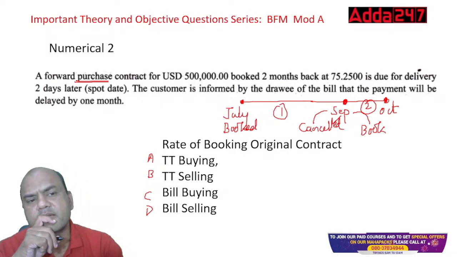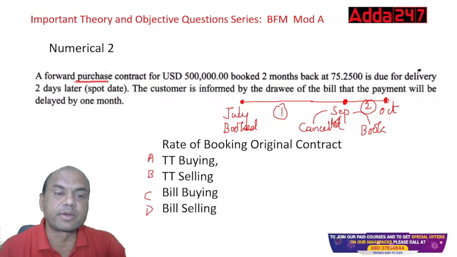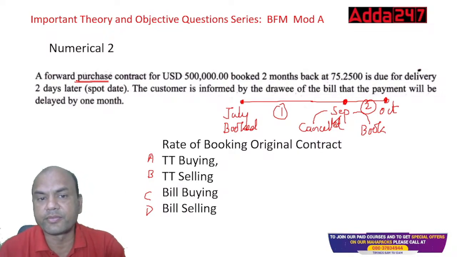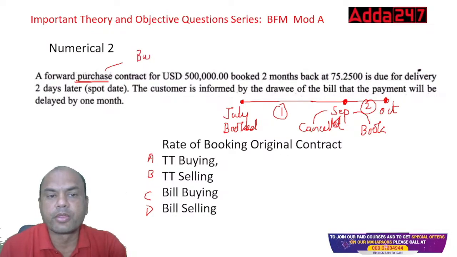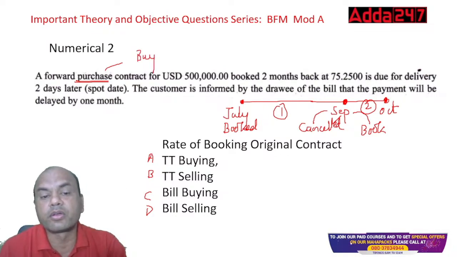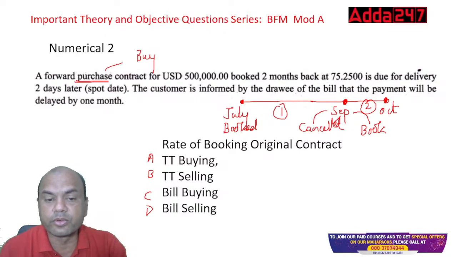What do you think? It is a purchase contract. Purchase means buying. So if it is buying, now only 2 are remaining: either TT buying or bill buying.